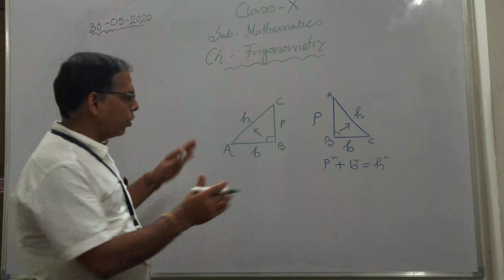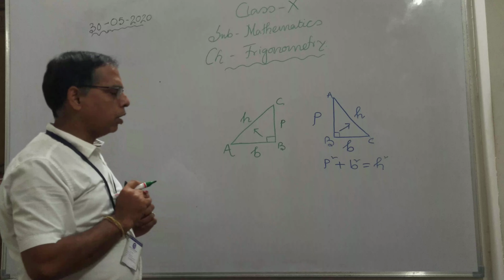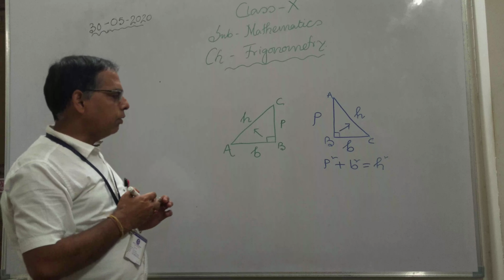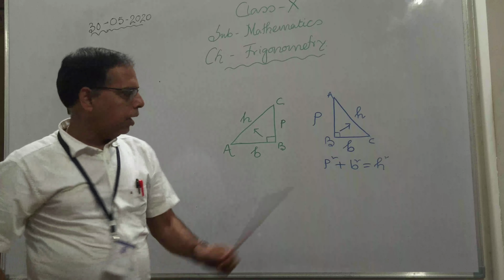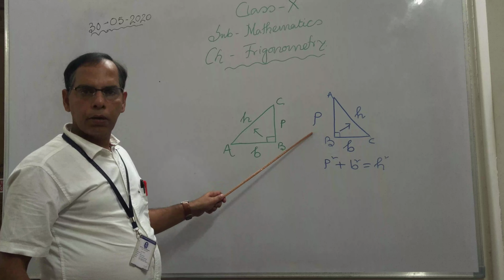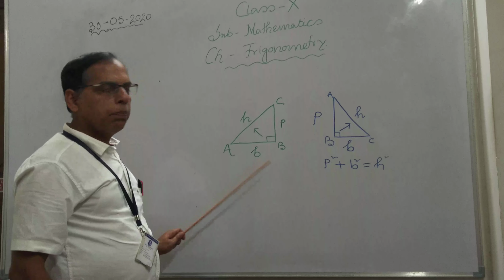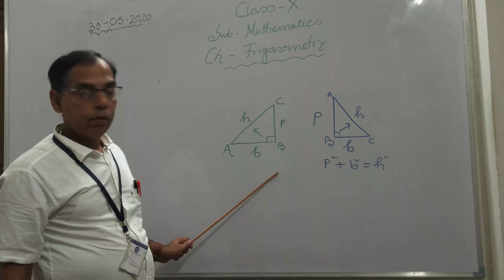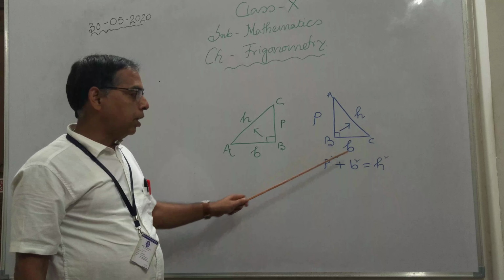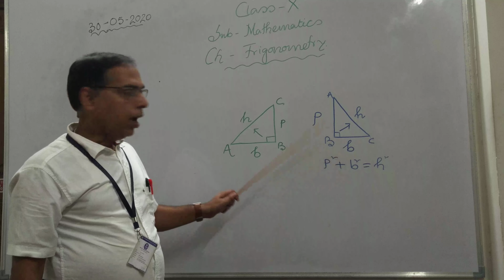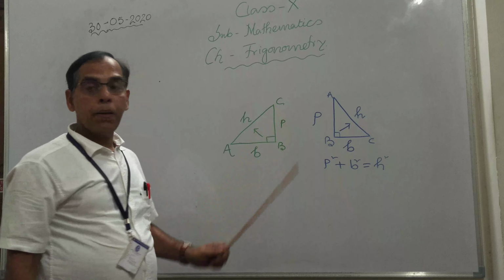So then, if you compare these two figures, what you can see that in the first case, AB is perpendicular, denoted by P. And in the second case, AB is the base denoted by B. And in the first case, BC is base denoted by B. And in the second case, BC is the perpendicular.